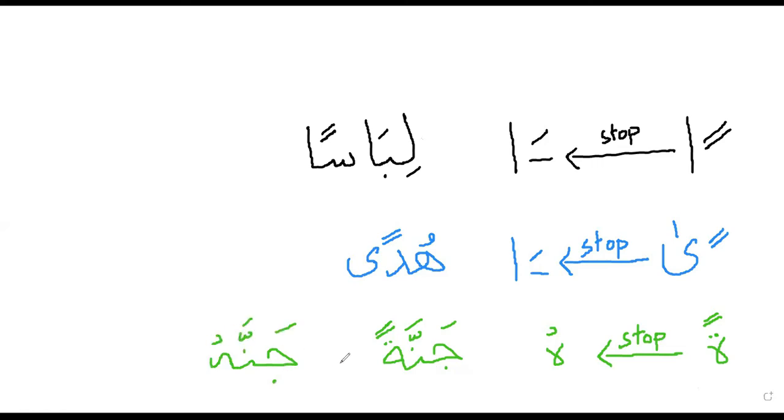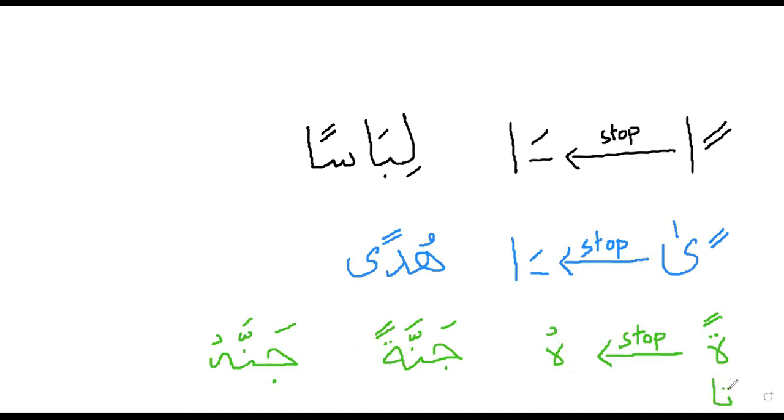If you're stopping, you would make it jannah instead of jannata, because there is no alif to indicate that it is going to be converted into alif mad. It is going to be converted into a ha sakina, which is not the case for ta maftuha.